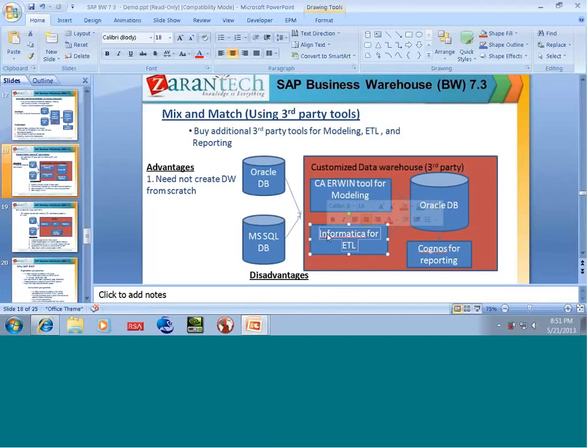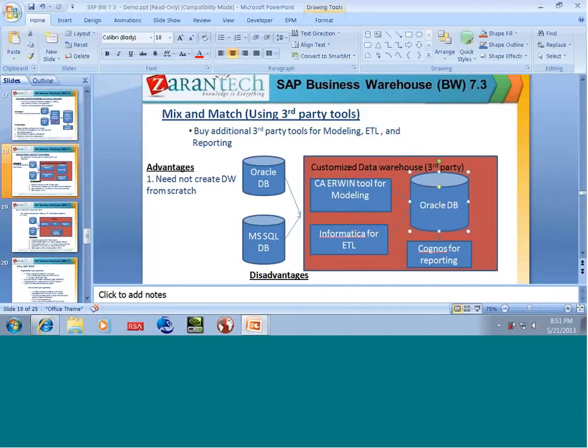These tools have been in the market for several years, so they have looked at industries and tried to accommodate the different functionalities that would be required across multiple organizations. So the biggest advantage is we don't have to create the data warehouse from scratch. We have these tools in place which can be leveraged to look at the sources and bring the data into a data warehousing system.